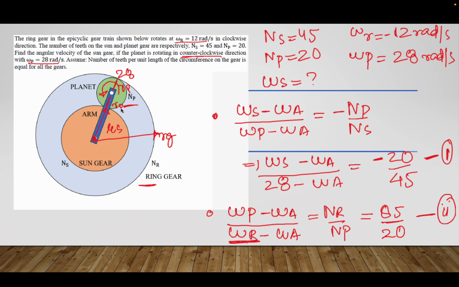And we know that NP, NR, and NS are basically proportional to the radius of the respective gears. So omega R upon omega S is equal to NS upon NR, which can also be written as RS upon RR, right? So we have seen that.